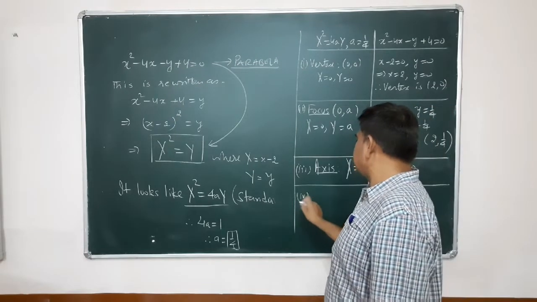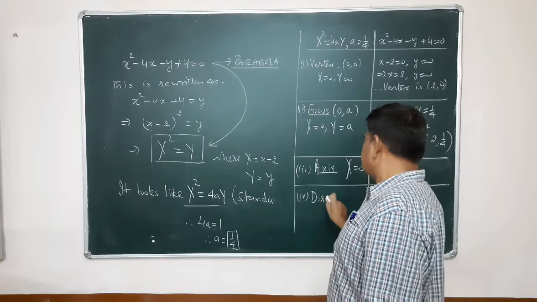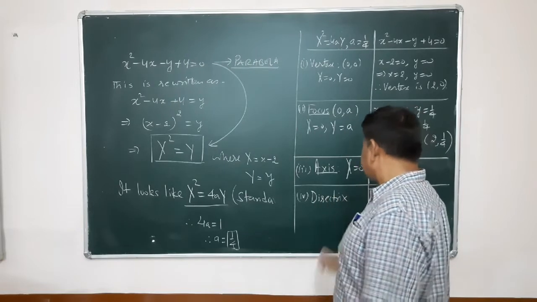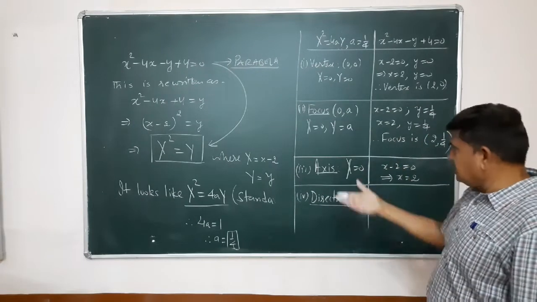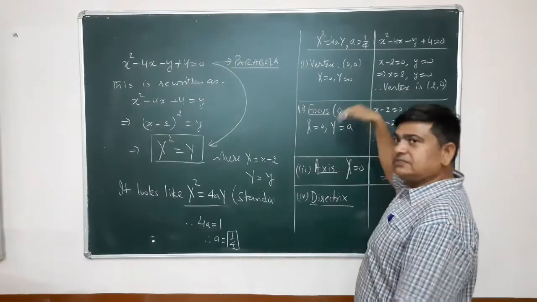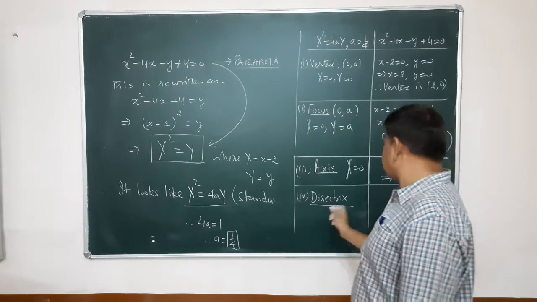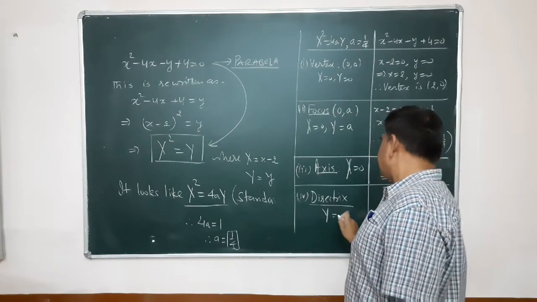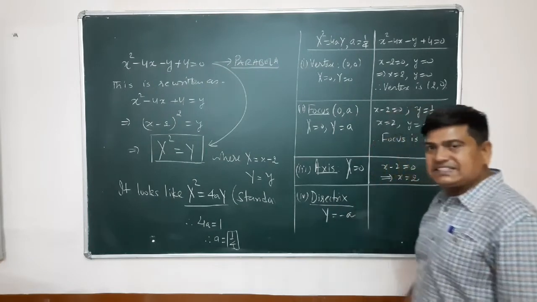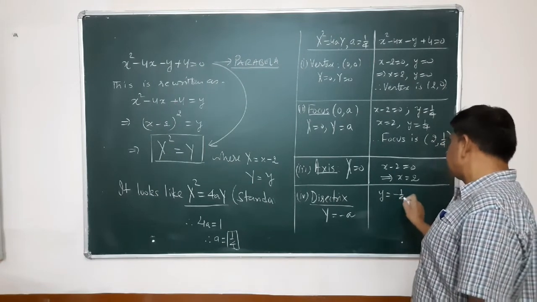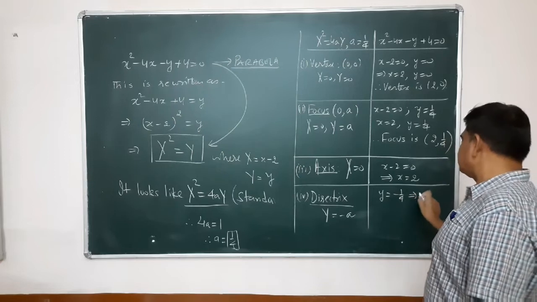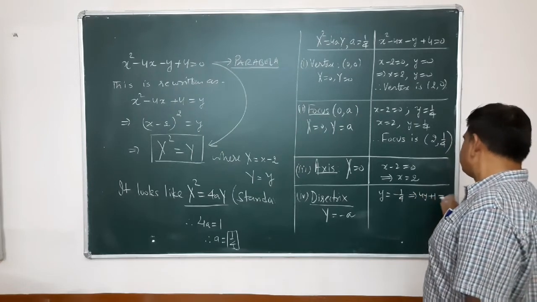Then fourth, directrix, below the x-axis. So Y equals to minus a. Y is small y, minus 1 by 4. Or you can write 4y plus 1 equals to 0.